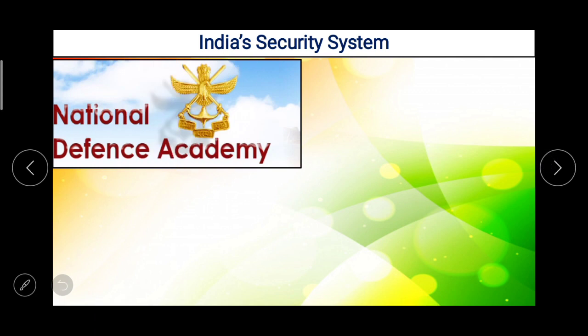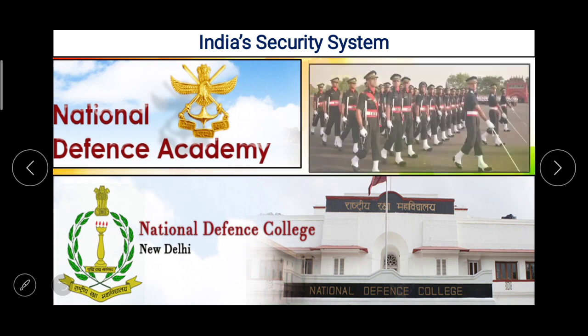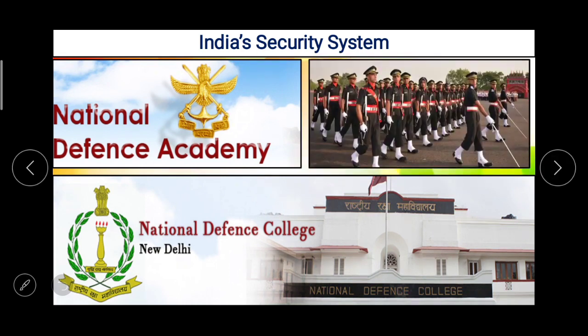Many measures are taken so that all three defense forces in India's security system are adequately modernized, and for this research institutions have been set up.